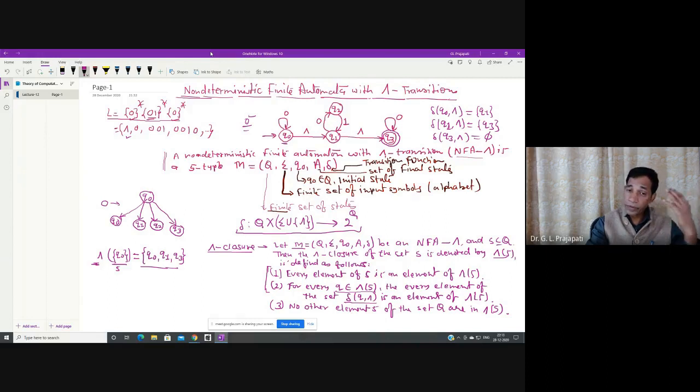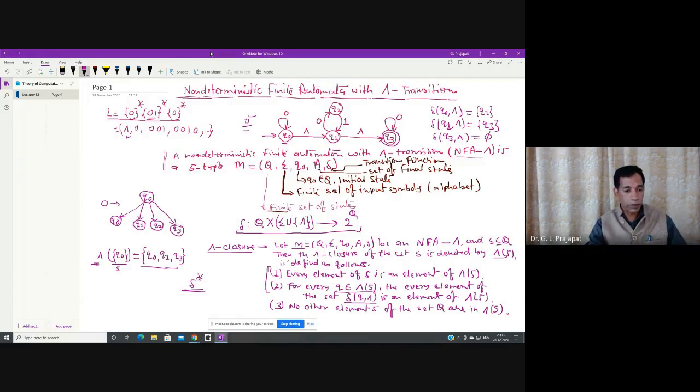So these are the options. How would you know where your machine can reach on some input under the effect of the null transition? For that, you need to see the definition of the delta star, and this is important.